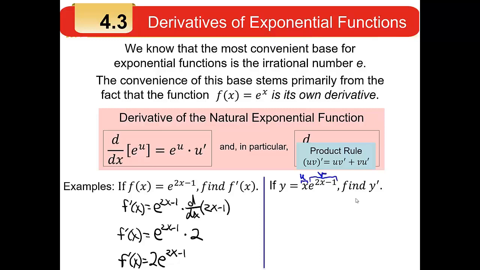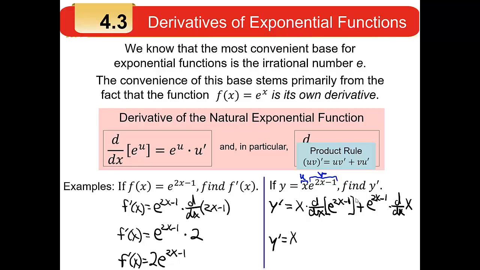But the product rule applies first. The product rule says you take u, which is x, times the derivative of v, which would be the derivative of e to the 2x minus 1, plus, then you reverse it, take v, which is e to the 2x minus 1, multiplied by the derivative of u, which would be the derivative of x.